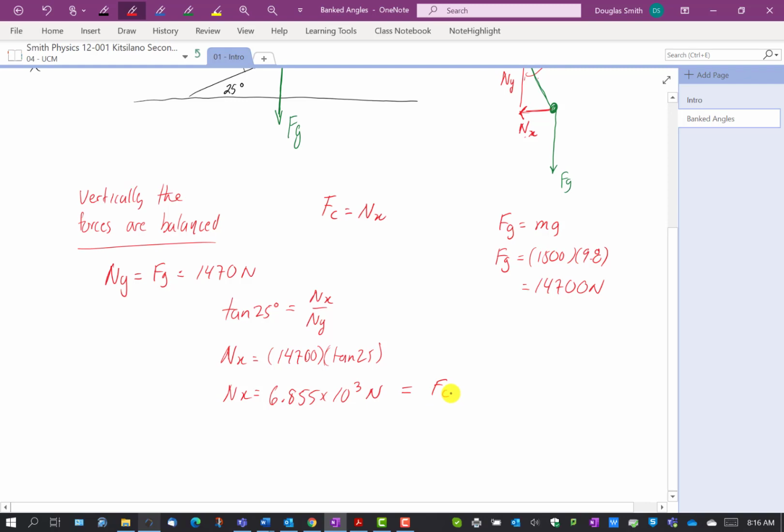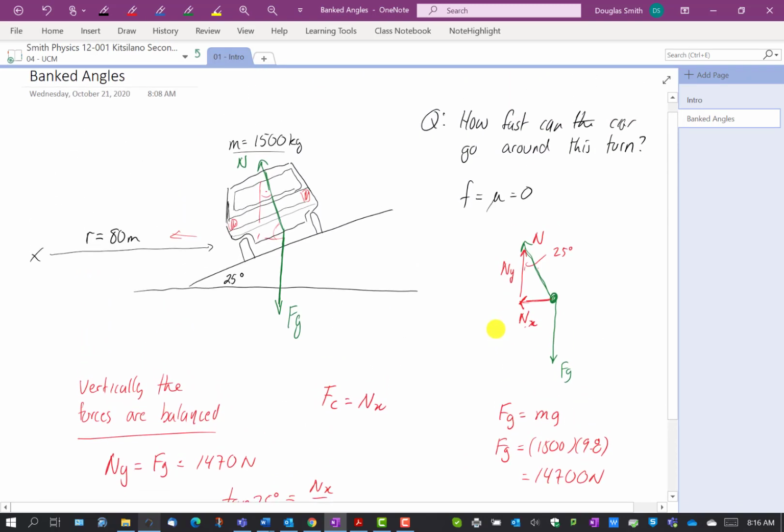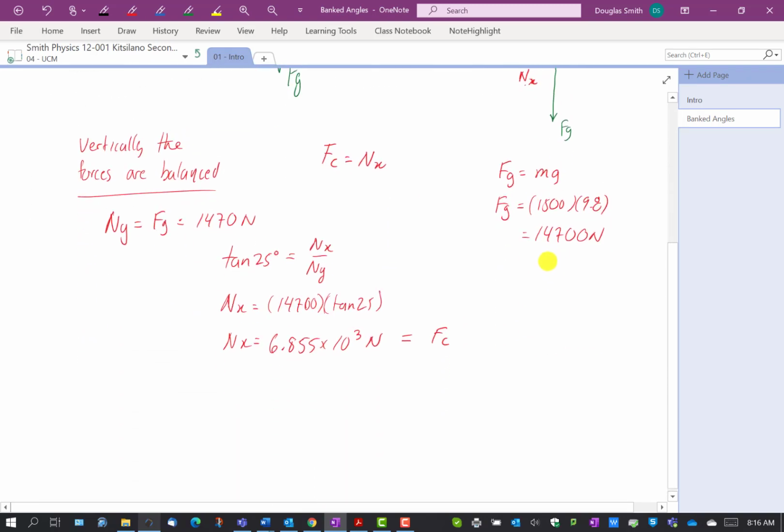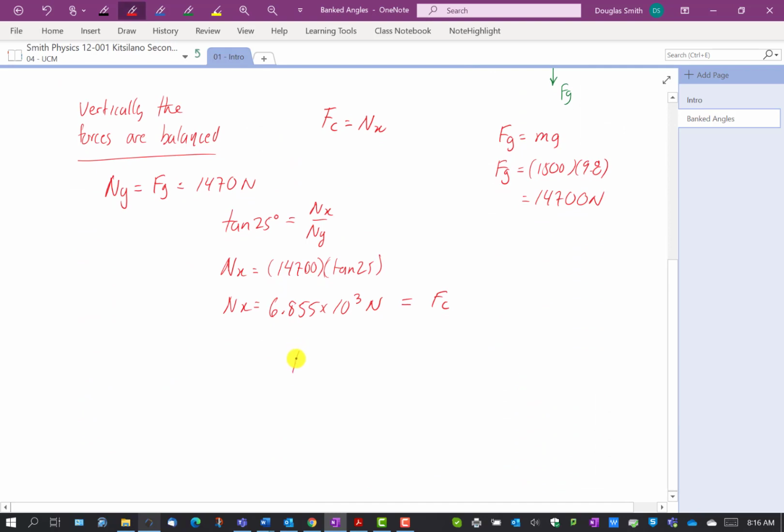We're still looking for how fast that car can go around the corner. Well, we know that Fc is equal to m ac, and we could also rewrite ac as v squared over r, and that is equal to 6.855 times 10 to the 3 newtons.